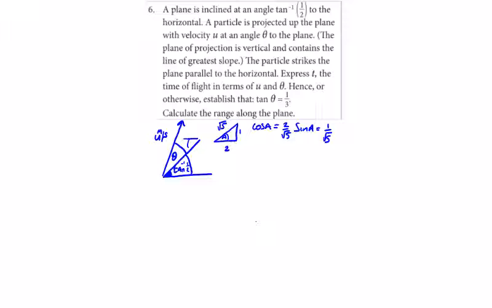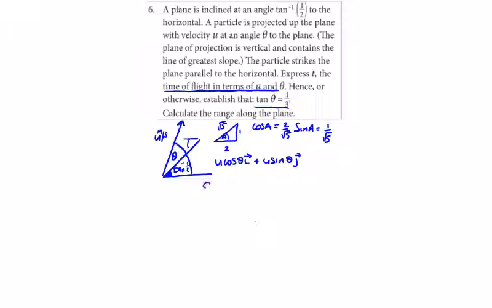So express t, the time of flight, in terms of u and theta. Hence or otherwise establish that tan theta is equal to a third. Okay, if we set up our equations, our accelerations, our initial velocity is going to be u cos theta in the i direction plus u sine theta in the j direction.